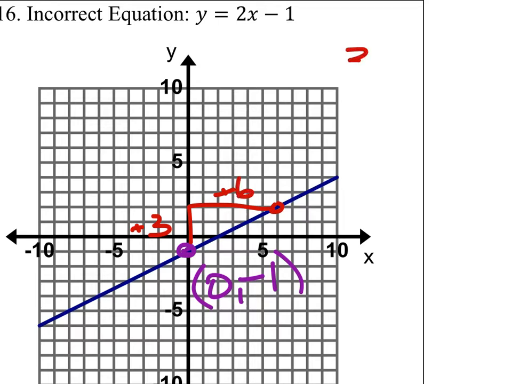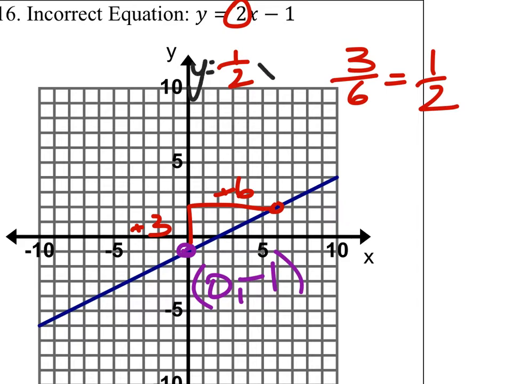So that would be 3/6, which would make that 1/2. So it looks like they reciprocated the 1/2 into a 2, but it should just be 1/2. Okay. So the actual equation is y equals 1/2 x minus 1.